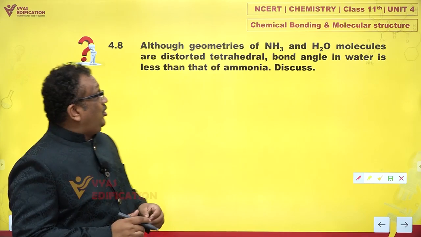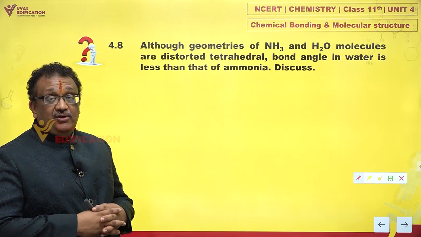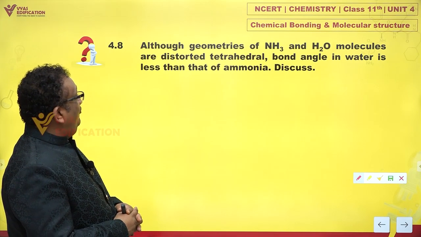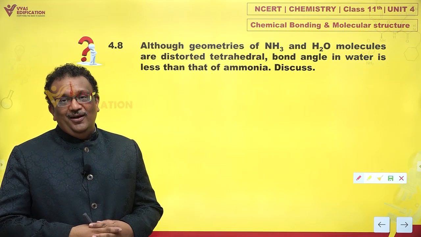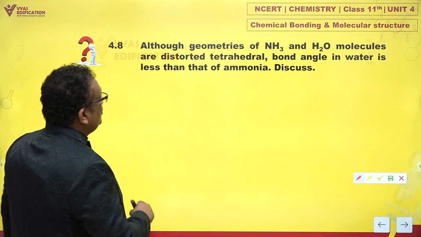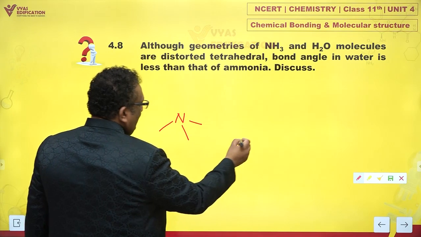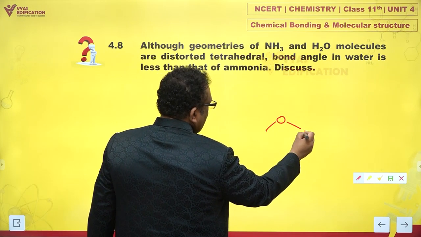This question says, although the geometries of ammonia and water molecules are distorted tetrahedral, the bond angle in water is less than that of ammonia. Discuss. And what is the secret? First, let us draw the structures of ammonia and water.